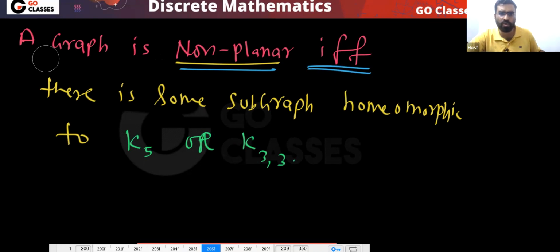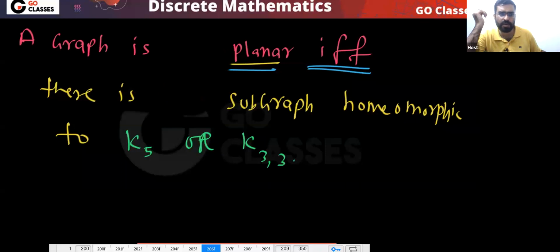The same statement, how do I write it as planar? A graph is planar if and only if there is no subgraph homeomorphic to this or this.